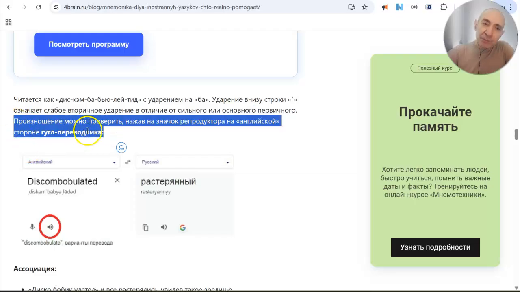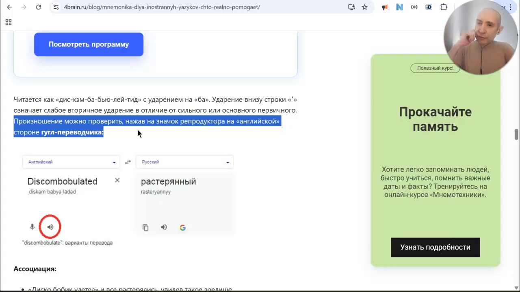Произношение можно проверить, нажав на значок репродуктора на английской стороне Google переводчика. So, произношение means pronunciation. Можно проверить, можно, it is possible. Проверить, to check. Нажав на means pressing on, like pressing something. Нажав на, please underline, and right above that, pressing.